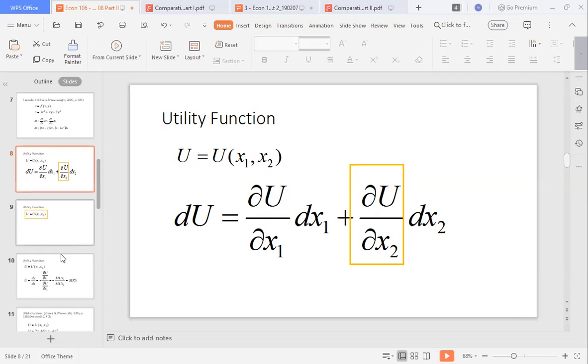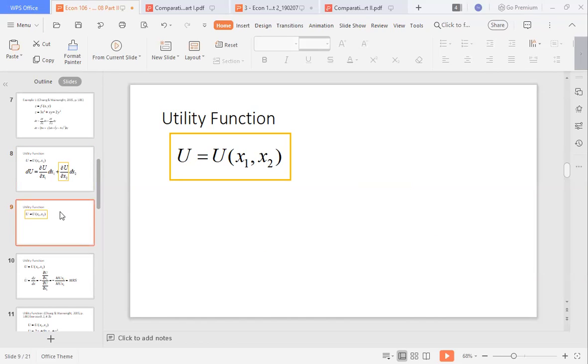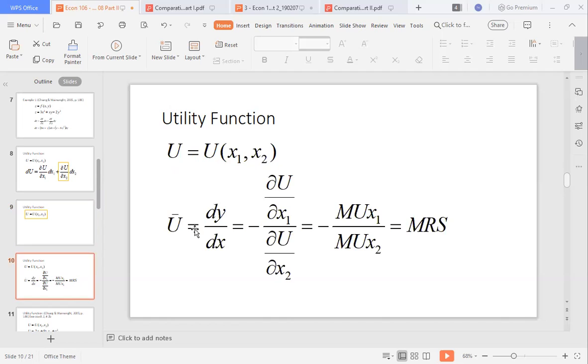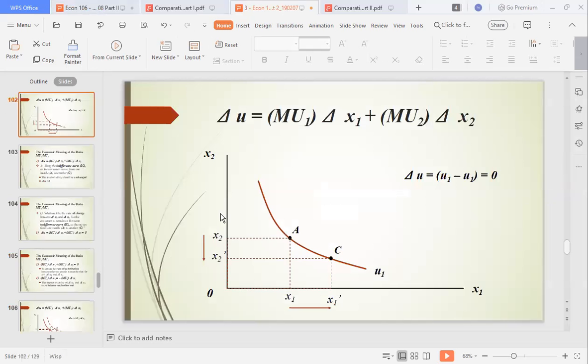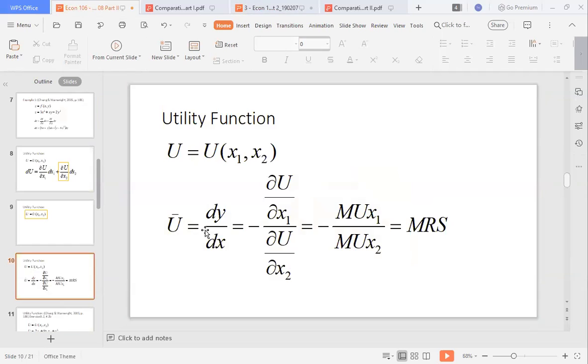So right now, remember that the slope of an indifference curve, let's go back to this one here. Remember, class, in your consumer theory, that the slope of an indifference curve is dy over dx, right?